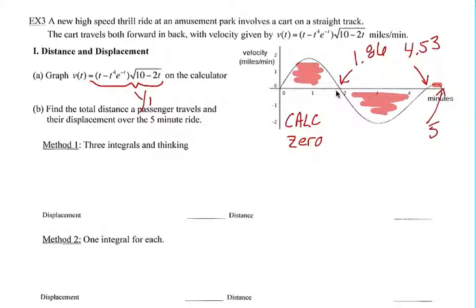So the first integral being the integral from 0 out to 1.86 of our function, v(t) dt.